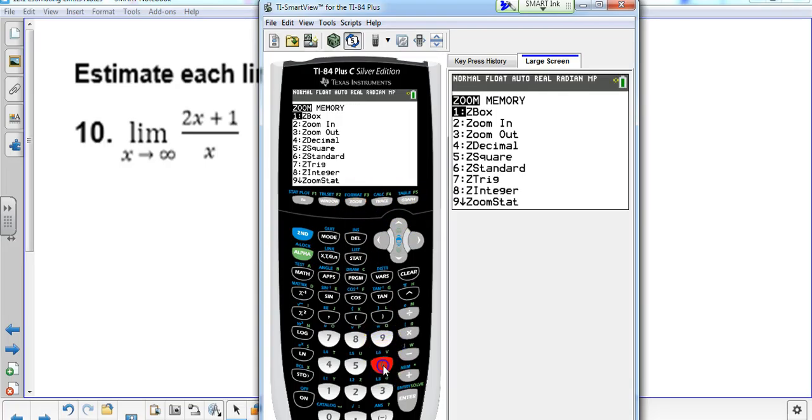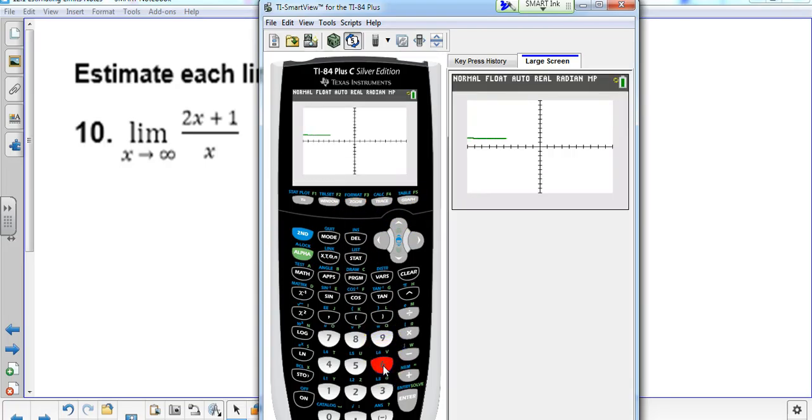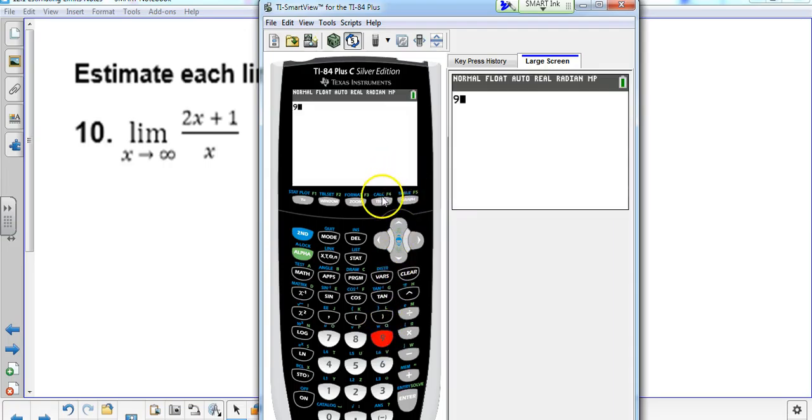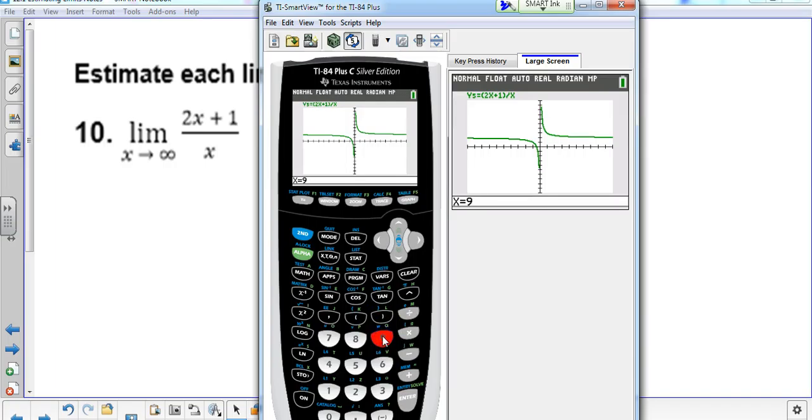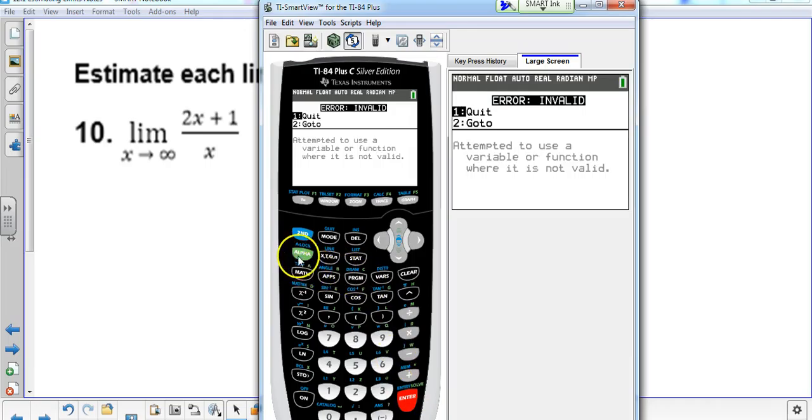Standard window. And it wants to know as it approaches infinity, what is this graph approaching on the far right? What do you think? Now, you cannot just do this by tracing. My window only goes negative 10 to 10, so if I trace 9, it says I'm at 2.111. But if I try to trace 99, it gives me an error because it's not in my window.